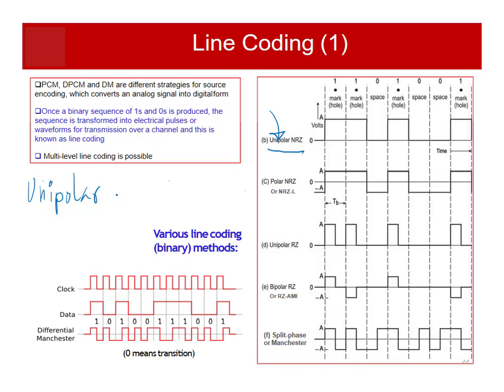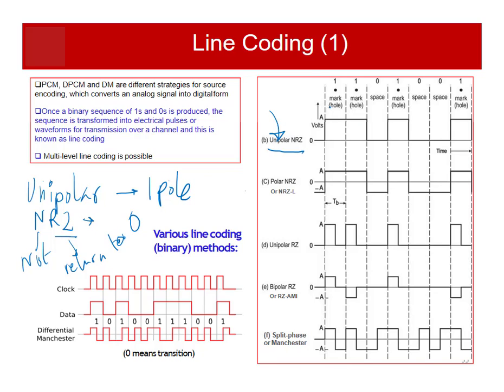Unipolar means it has only one pole. And NRZ means not return to 0. So unipolar means it has one pole, and NRZ means not return to 0.